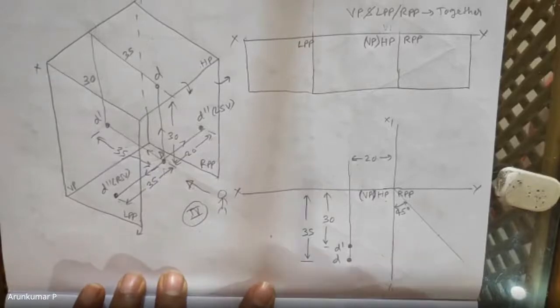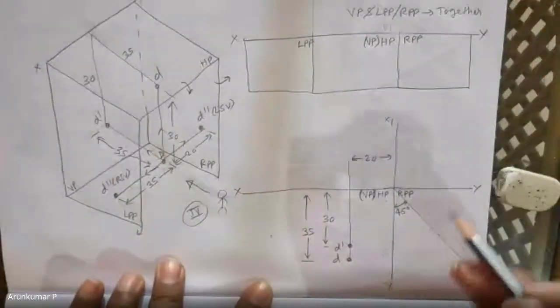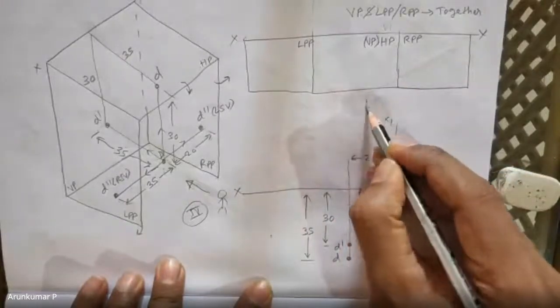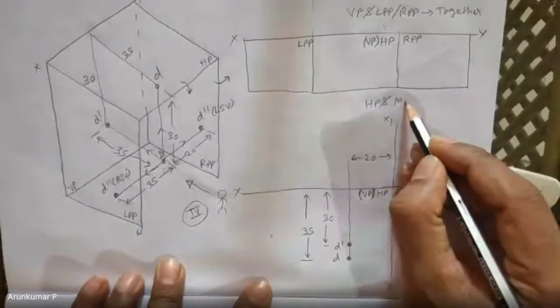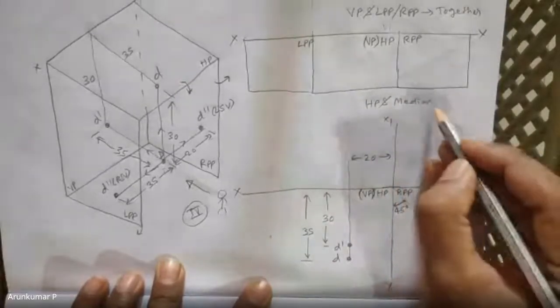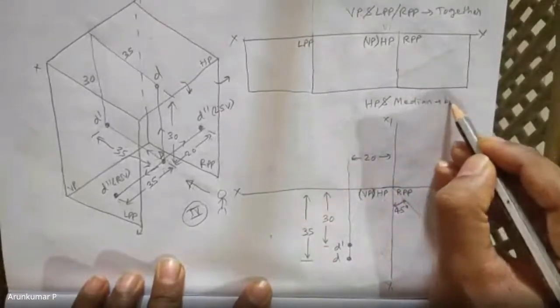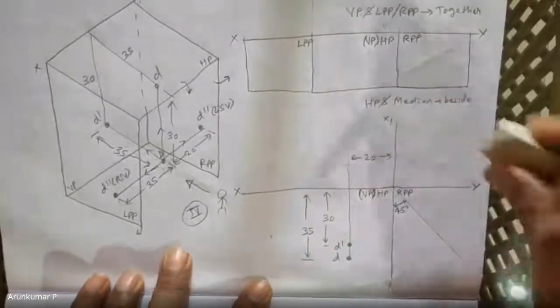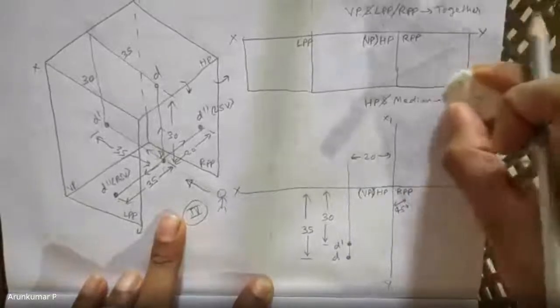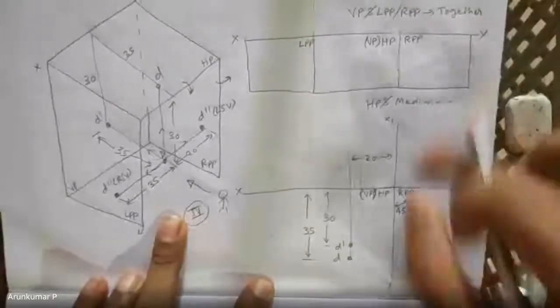So this leads us to another thumb rule. Please note, HP and the median line will be beside each other, or you can say will be together, either below XY line or above XY line.